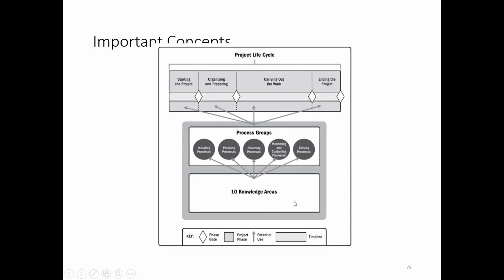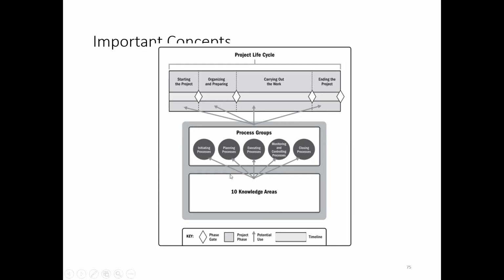And then we have 10 knowledge areas, which include scope management, cost management, and time management as well. So there are 10 knowledge areas in the PMBOK and 5 process groups. These are the things that we have in our PMBOK guide.